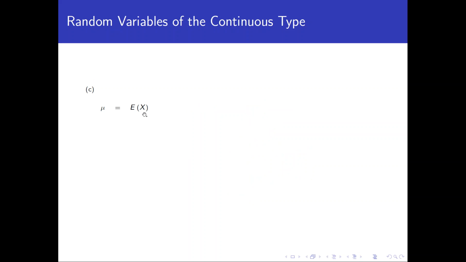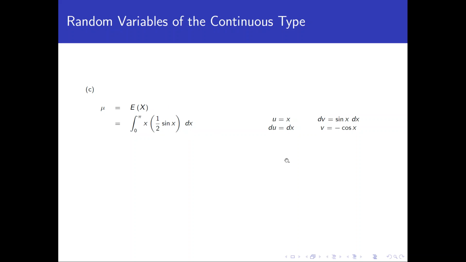How about the mean? Just like we compute expected value in the discrete case, we compute it in the continuous case in the same way. We take x, multiply by our PDF, and integrate over the entire support. So it's x times f of x, integrating this time instead of summing. This requires integration by parts, so we let u equal x and dv be sine x.